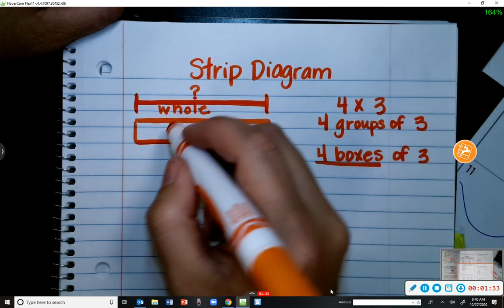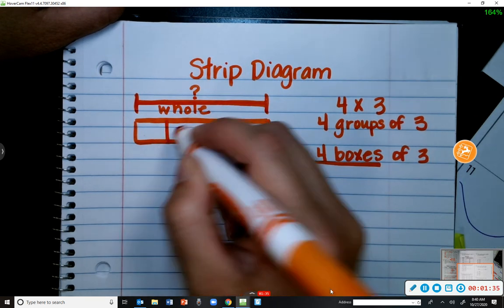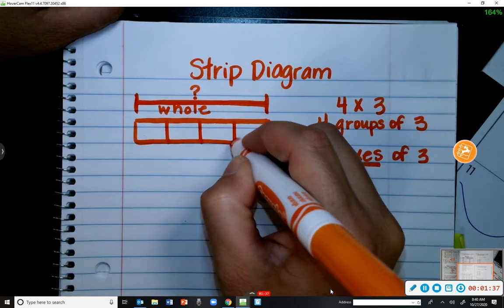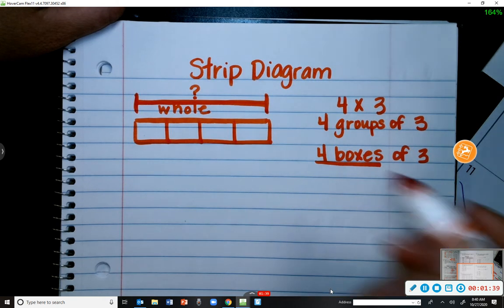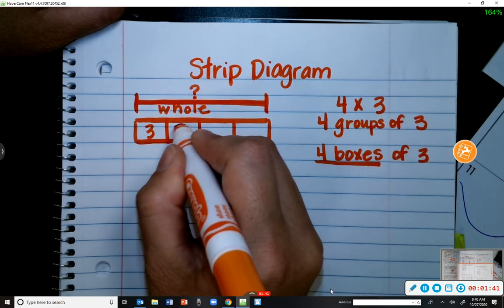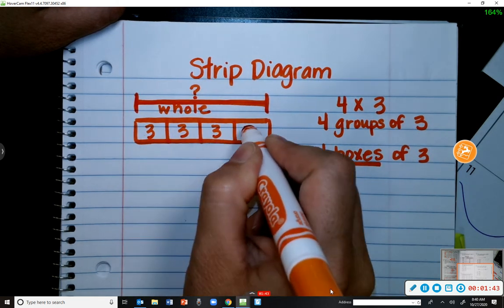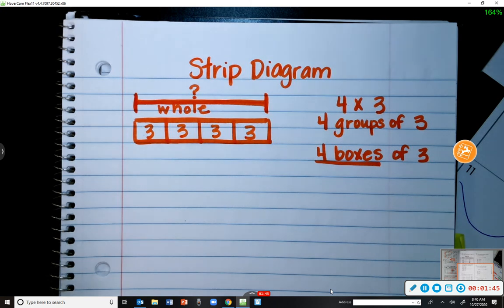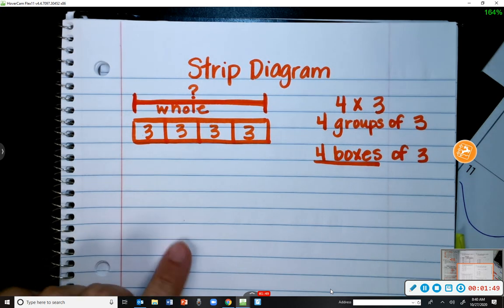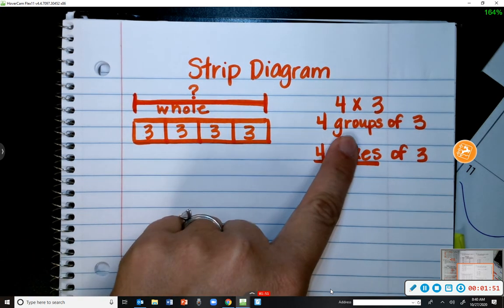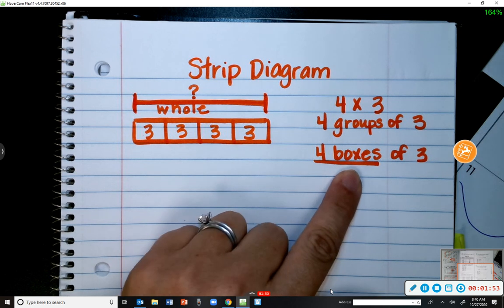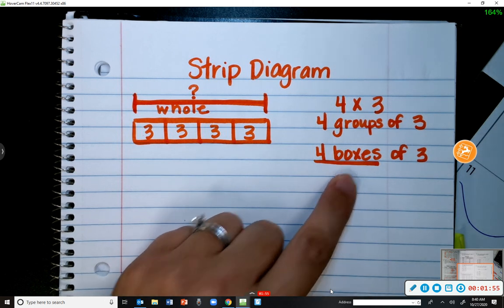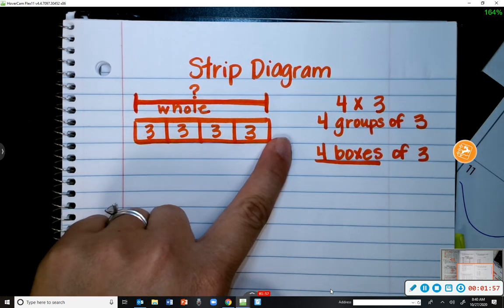So I'm going to try to make 4 equal boxes, and then 3 goes in each. Okay? So that's what a strip diagram would look like. If the problem was 4 times 3, that means I have 4 boxes and I put 3 in each one.